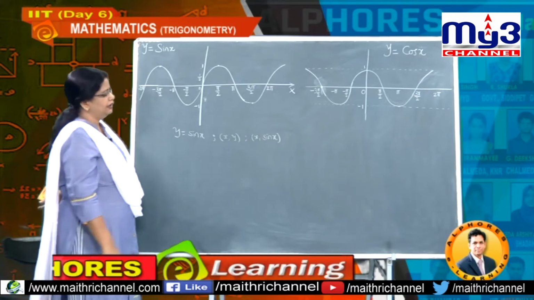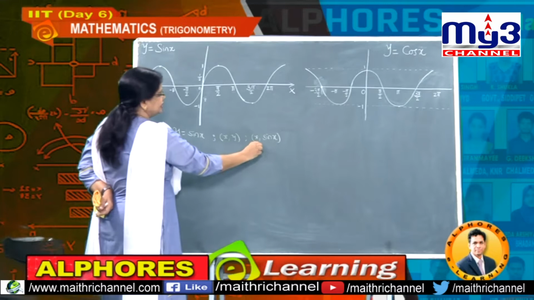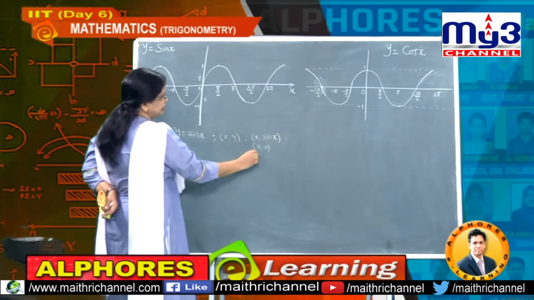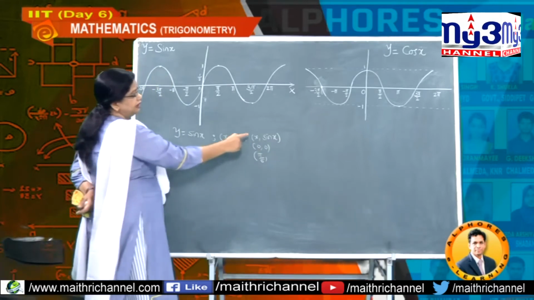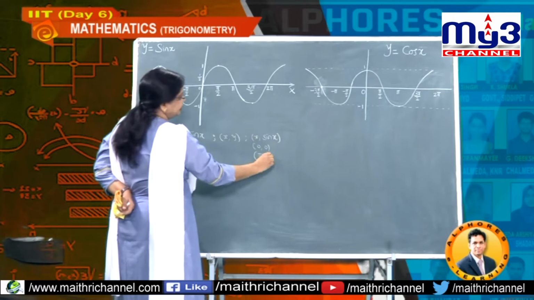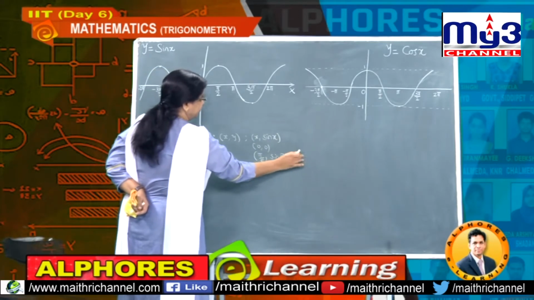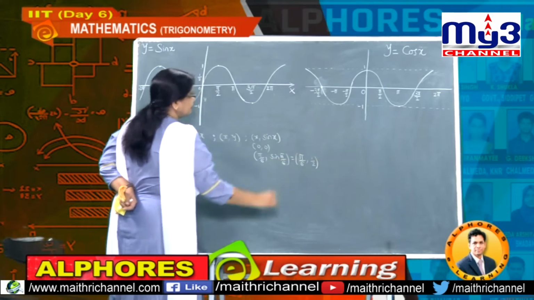So whenever you are taking x value as 0, correspondingly sin 0 is here 0, and x value suppose you take 30 degrees, that is pi by 6, correspondingly y value how much here? Sin 30 degrees. And what is sin 30 degrees? That is 1 by 2, and therefore this is pi by 6 comma how much? The value is 1 by 2.